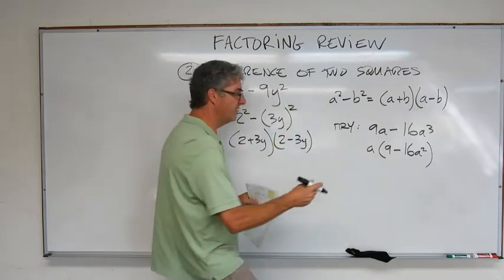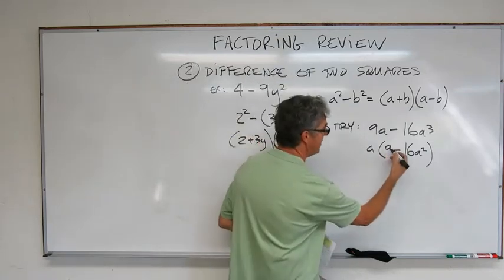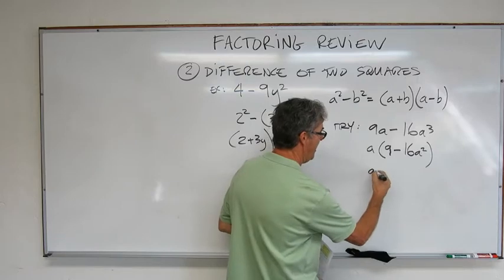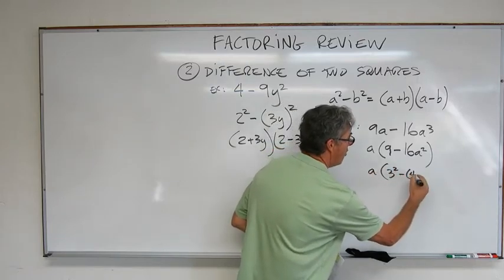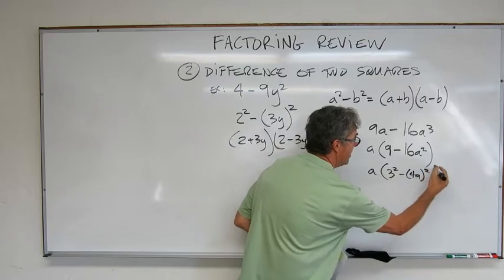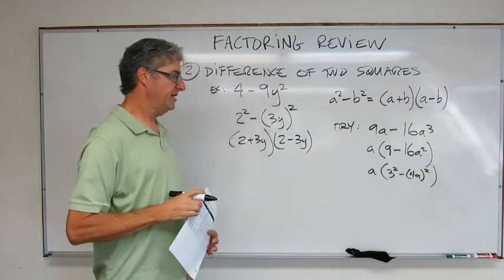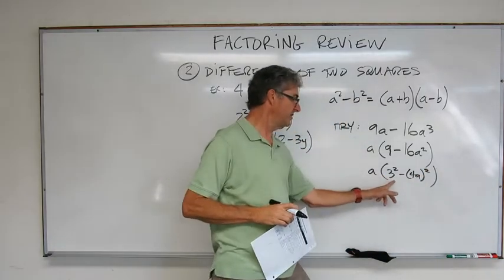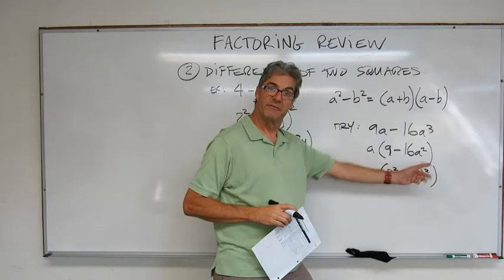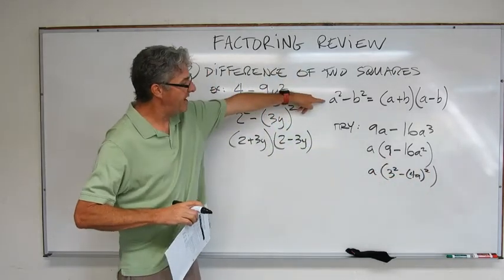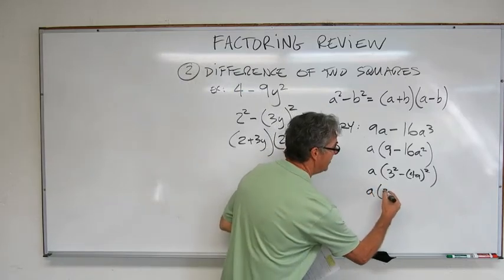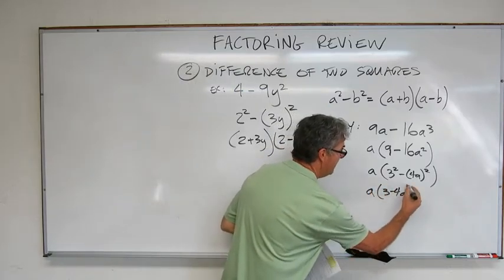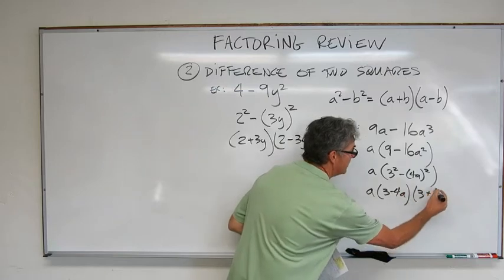So I can rewrite that, that's a 9, sorry, as a times 3 squared minus 4a squared. Okay? So here's my difference of squares, 3 squared and 4a squared. So now I can apply my pattern up here, and this is going to become a times 3 minus 4a times 3 plus 4a.